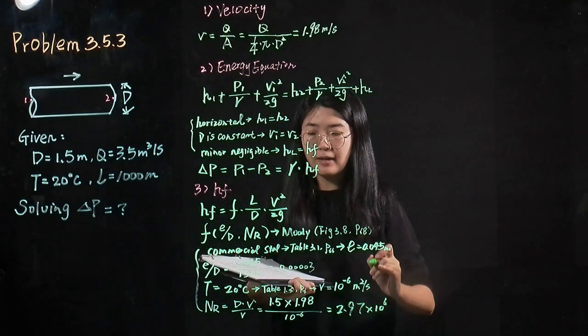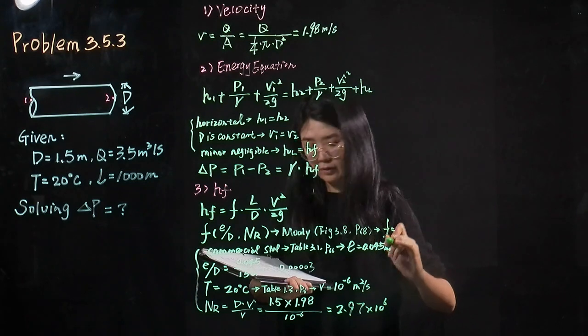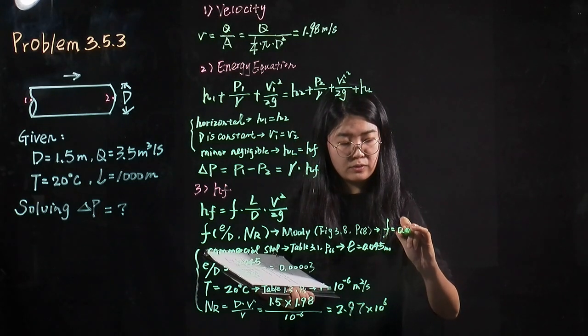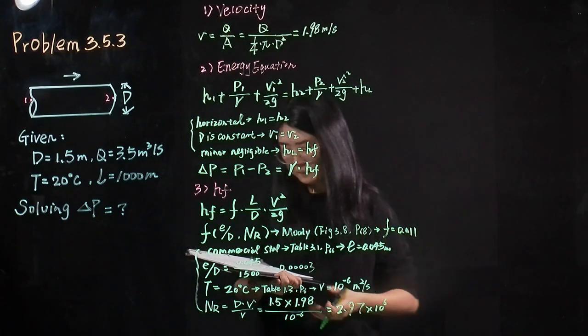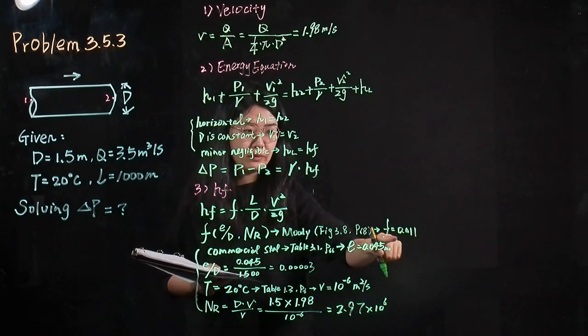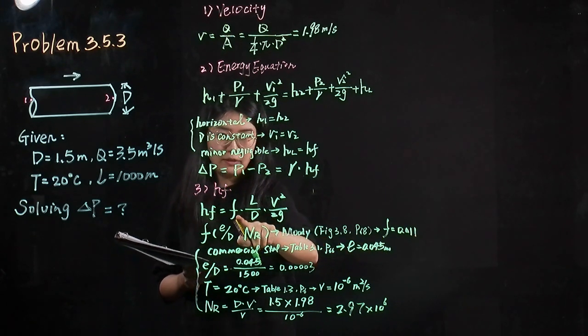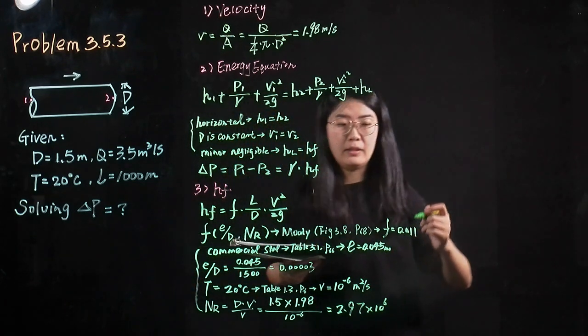We can get a value. Friction factor is equal to 0.011. After we know the friction factor, we can calculate the value of the friction loss.